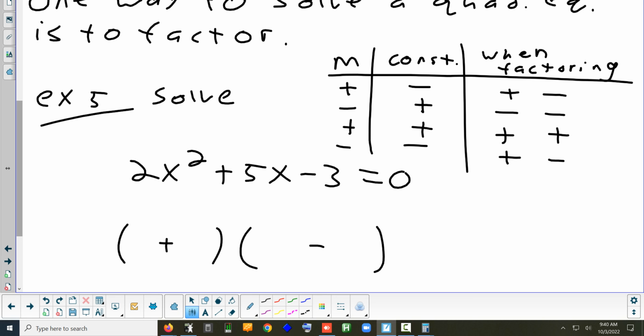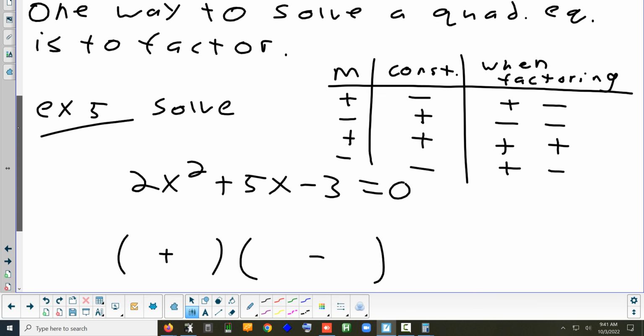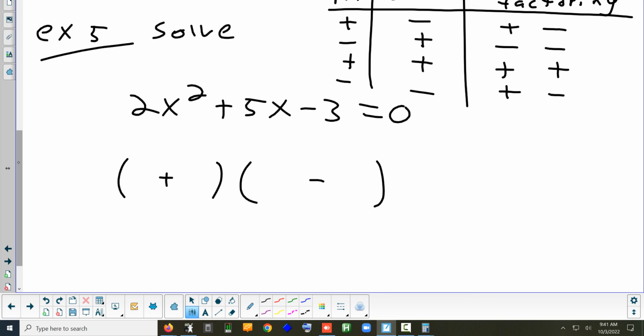It's a positive and a negative. So those are the 4 different cases that can come up when you're factoring. And this at least tells you how to get the right plus and minus signs. All right, so positive middle, negative constant, one of each.